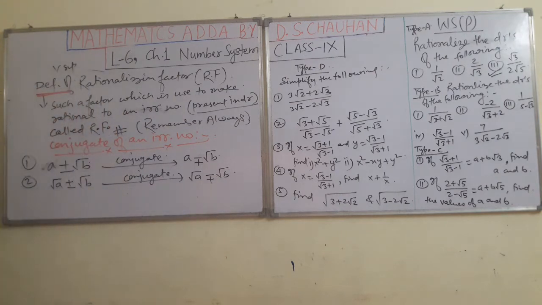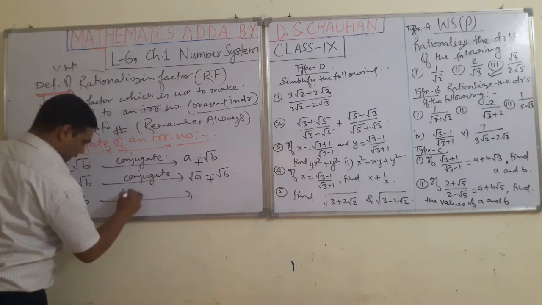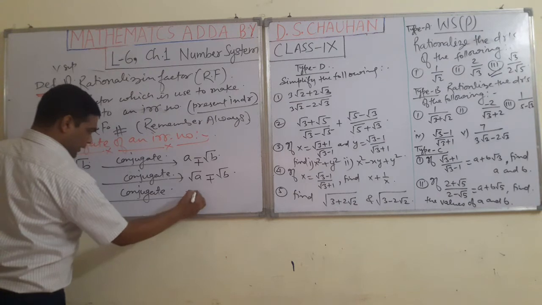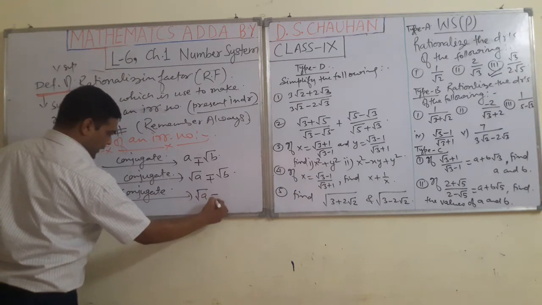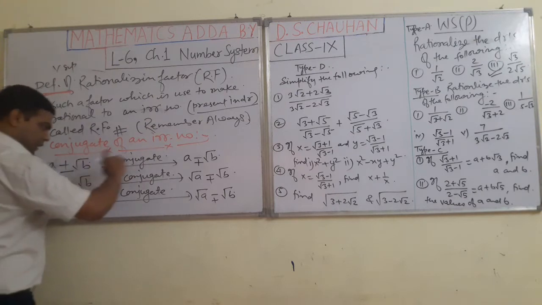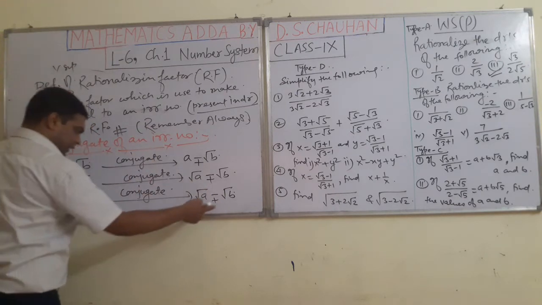Always remember this, students. Also if you have things like under root a plus b, then its conjugate will be under root a minus under root b. Here remember, plus is converted to minus, minus is converted to plus.